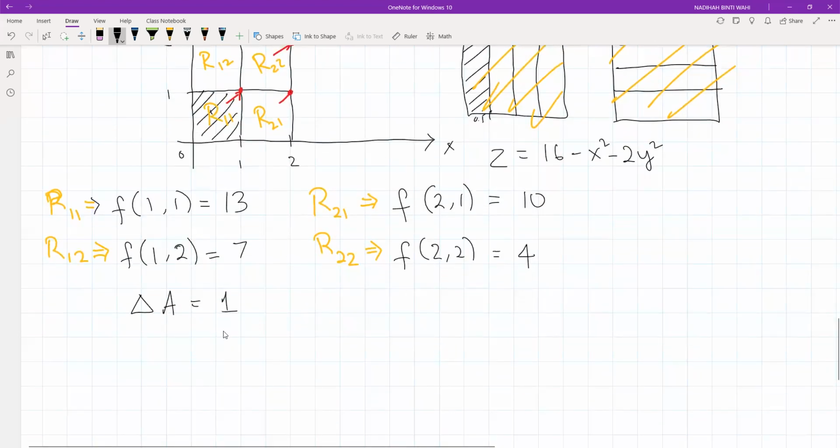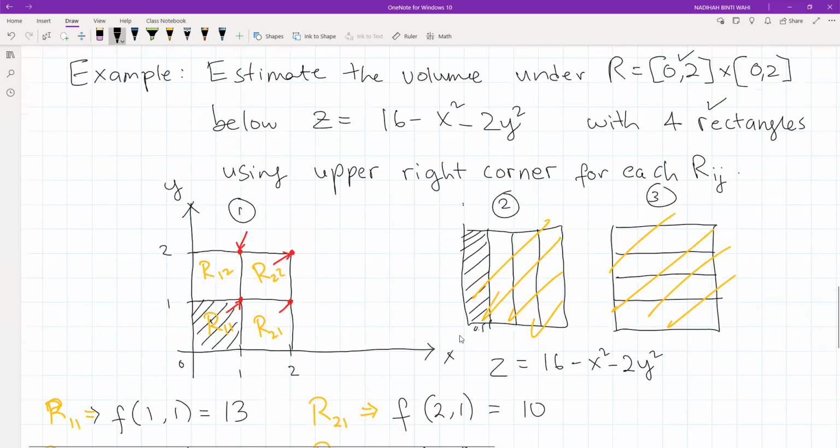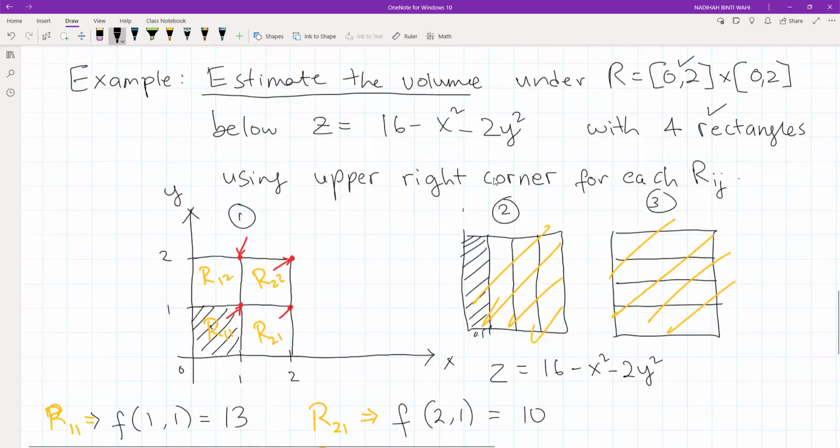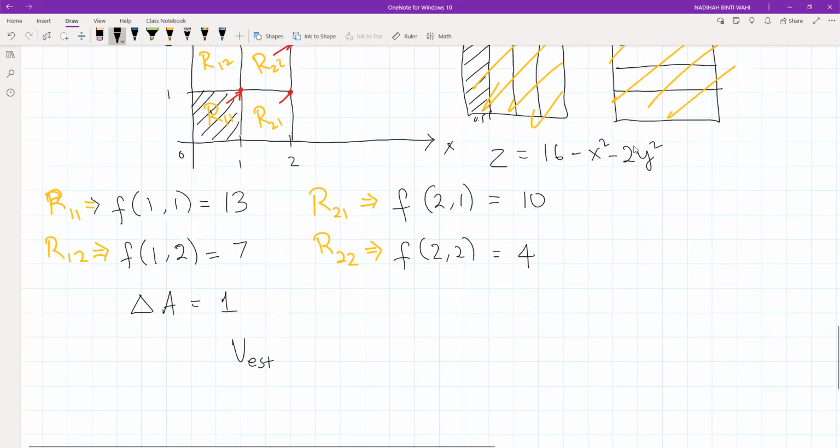So the estimation for this area, the volume. So yang tu estimate. Sebab apa? Sebab yang ni dia cakap estimate the volume. So meaning estimate the volume, dia bukan exact, dia adalah approximate. So awak kena guna Riemann, double Riemann sum. Dalam kes ni, V estimate is just, you tulis dia punya definition from I from 1 to 2, J from 1 to 2.